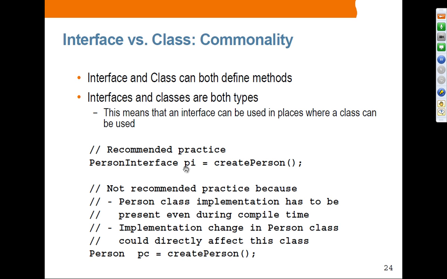In fact, when you have a choice between using an interface type versus a class as a reference type, usage of interface type is recommended. The reason is this. As I said before, if you're using an interface type like this, then you could actually compile the code even if there is no implementation. If you're using person as a reference type like here, then you have to have a person implementation class.